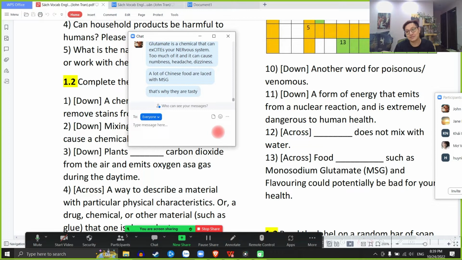But I heard MSG was made by Japanese. Well, it was made by a Japanese scientist, yes. And because it makes the food taste better, so the Chinese, they adopt it, đem vào sử dụng, they adopt it very quickly.